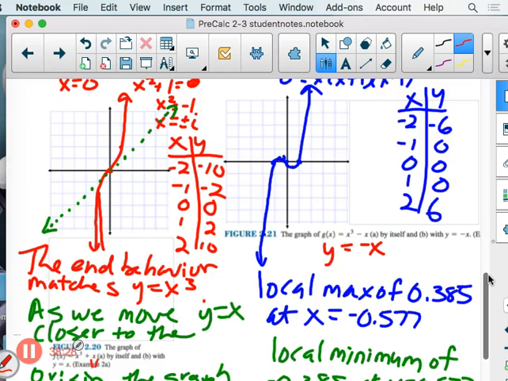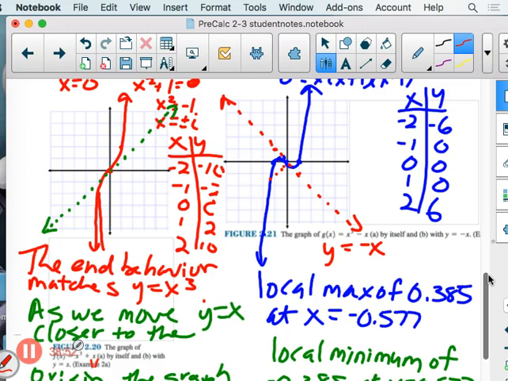Now that's the line that goes through 1, negative 1. Oops, wrong way. Negative 1, 1. There we go. And in this one, you can see it a little bit more clearly that the blue is actually right on top of that line as we go through there.